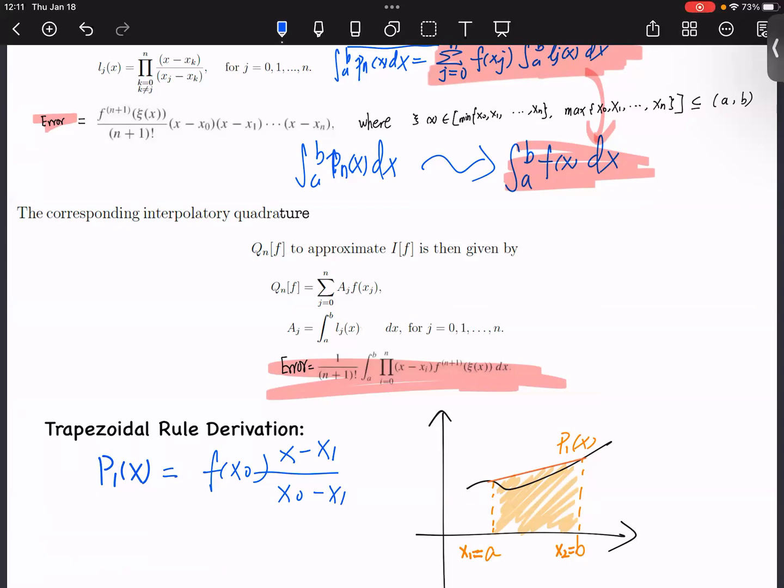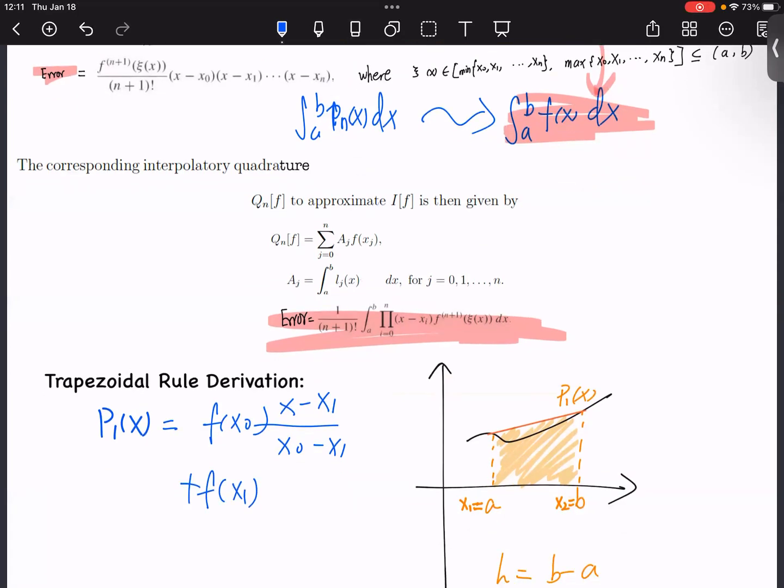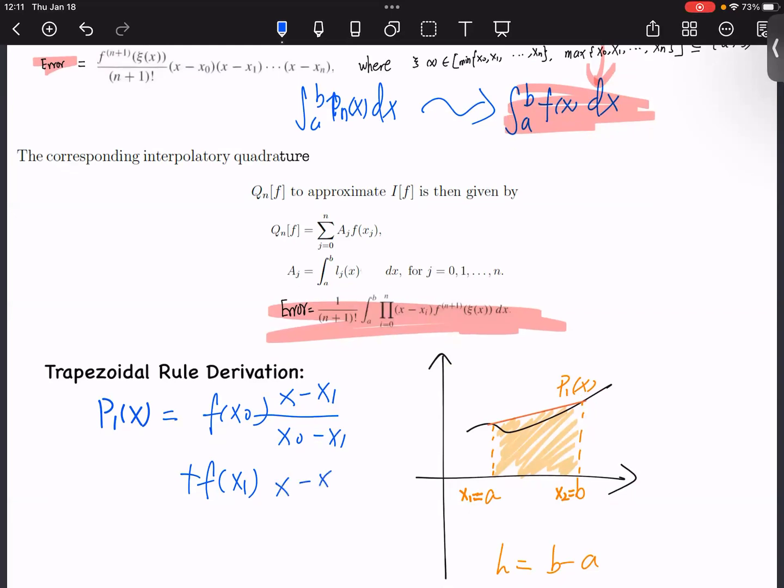the first basis function, and then we could do the same thing for the second term, f(x1), and you substitute the j with 1, and that would be (x minus x0) divided by (x1 minus x0). And this is the Lagrange polynomial for the f(x) function. This is the P1 Lagrange polynomial for f(x). And we have 3 minutes left.